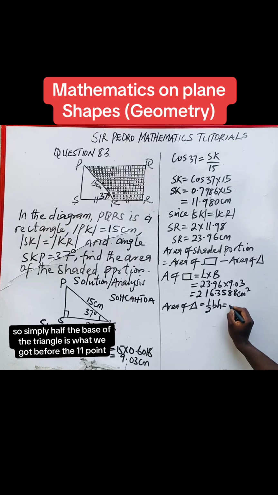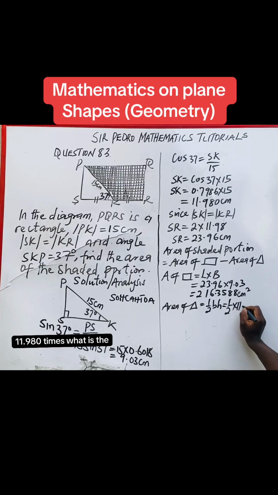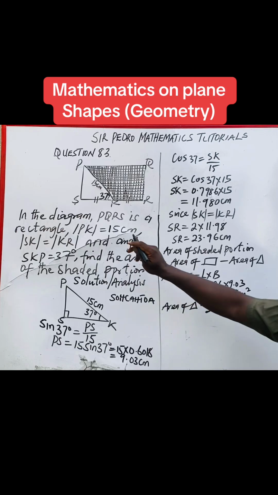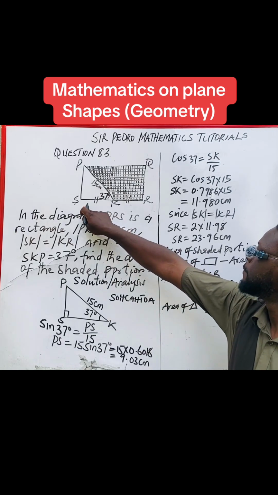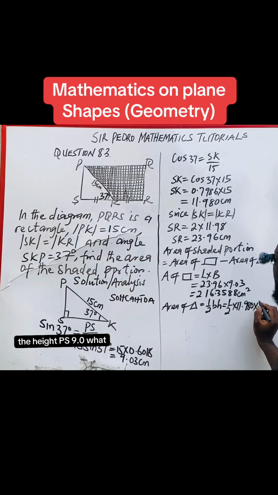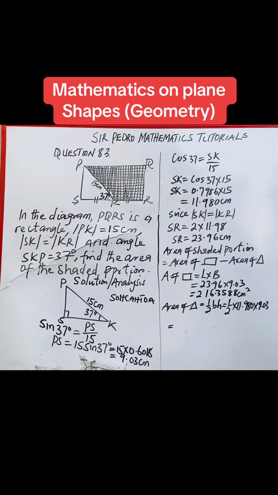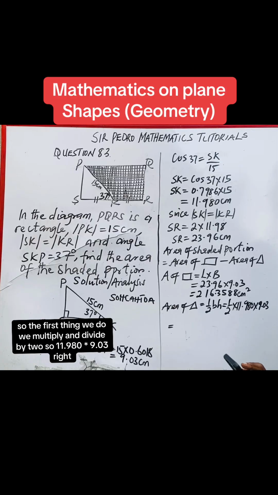So simply half the base of the triangle, which is what we got before, 11.980, times the height, PX, which is 9.03.